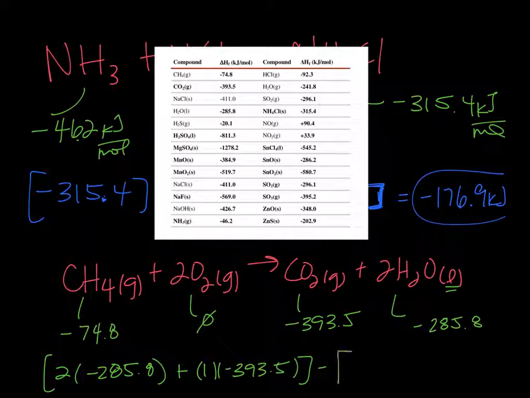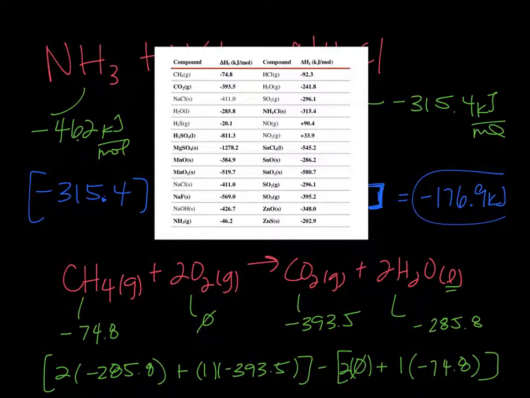Sorry, minus 0 for oxygen. And you can write 2 times 0 if you want. Plus 1 times negative 74.8. So I'm going to put that all in my calculator.